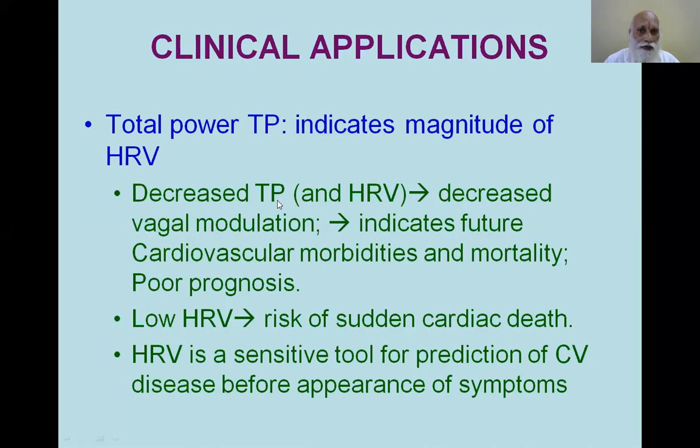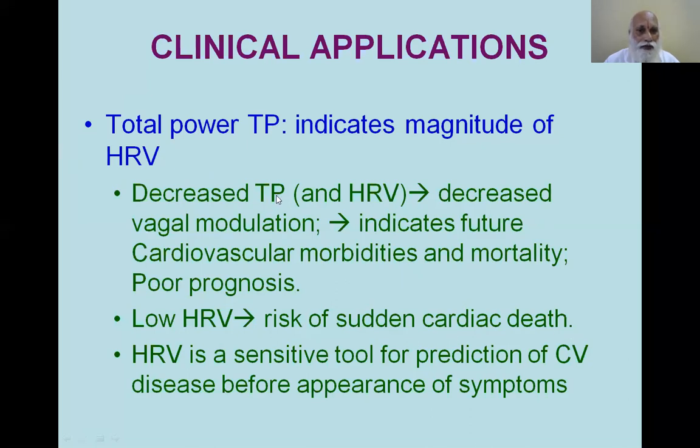Decreased total power is not good. Decreased vagal modulation indicates future cardiovascular morbidities and mortality, and also poor prognosis. So a higher total power is a good thing. That means bigger HRV strength. And low HRV means risk of sudden cardiac death.